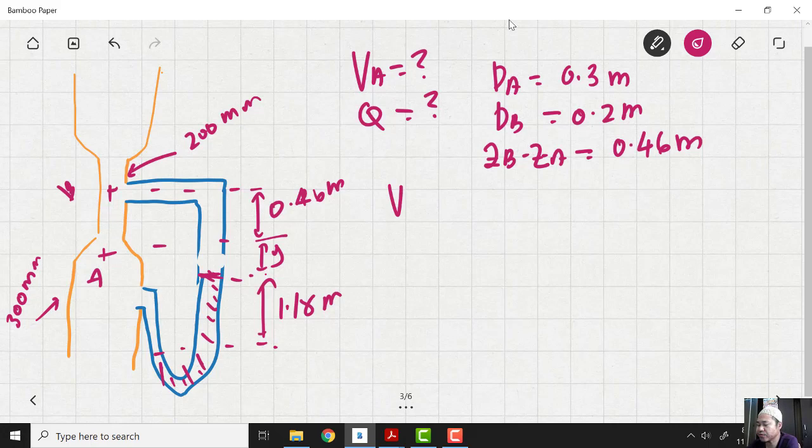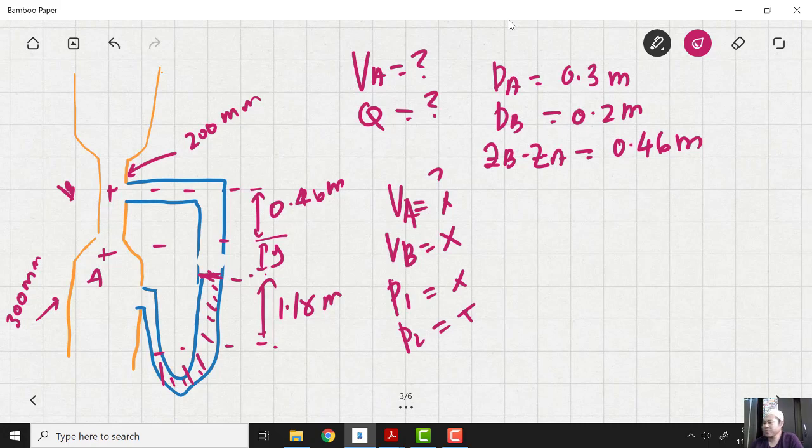We do not have V1. Do we have VA? No, we don't have VA because we want to find VA. Do we have VB? We also don't have VB. Do we have pressure at point 1? We also don't have it. Do we have pressure at point 2? We also don't have it. So what else do we have? We only have the elevation here. So how are we going to solve this kind of problem?